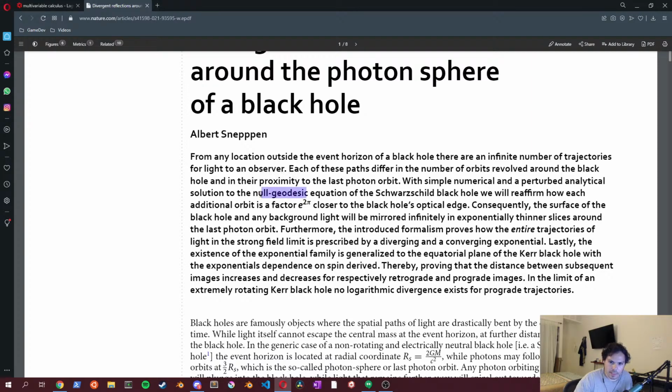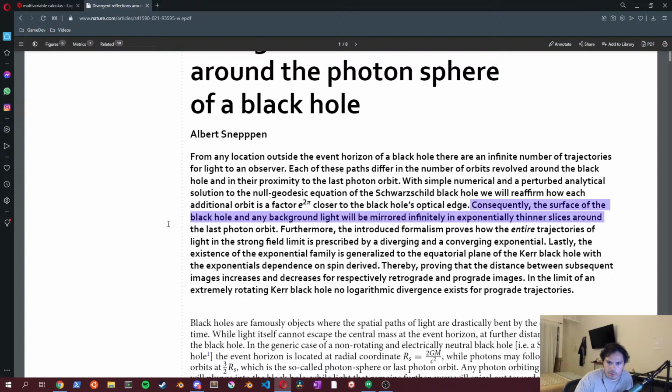It just means that the time that the light experiences as it's traveling is 0. We reaffirm how, so I guess they're saying each of these orbits is e^(2π) closer to the black hole's optical edge. Okay, so hopefully we'll see how this actually comes about.